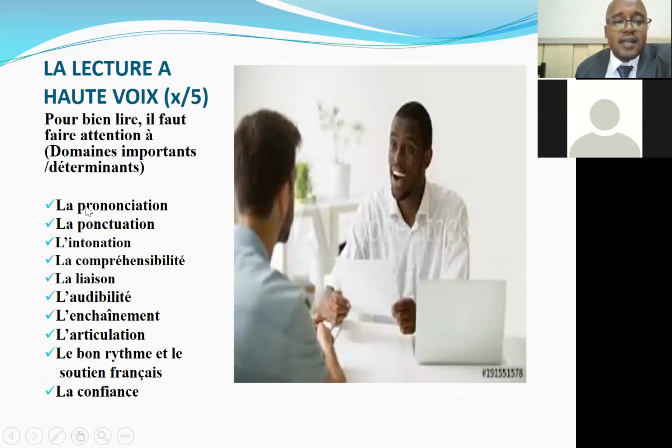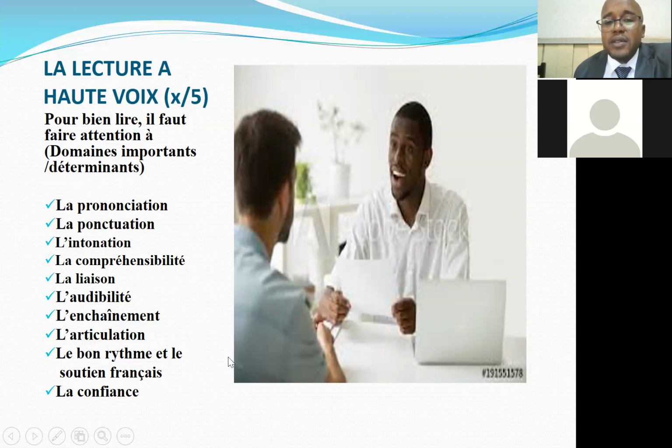The areas are la prononciation, la ponctuation, l'intonation, la compréhensibilité, the ability to be understood, la liaison, l'audibilité, l'enchaînement, l'articulation, articulating the word, bringing out the word completely, le bon rythme et soutien français, la confiance.